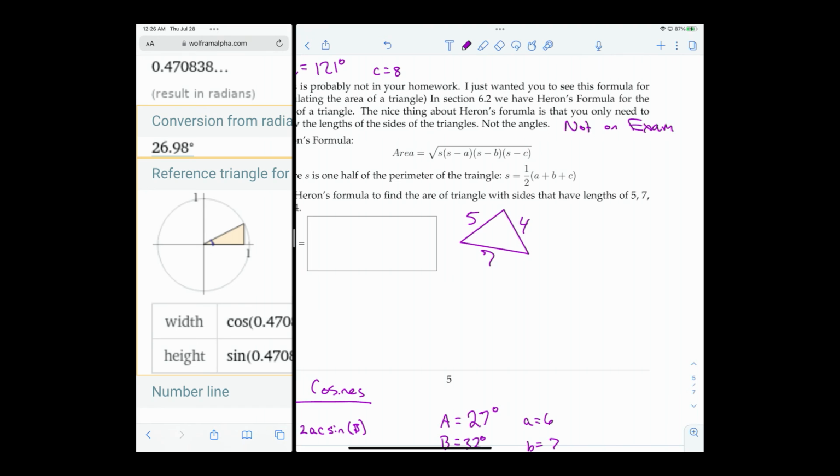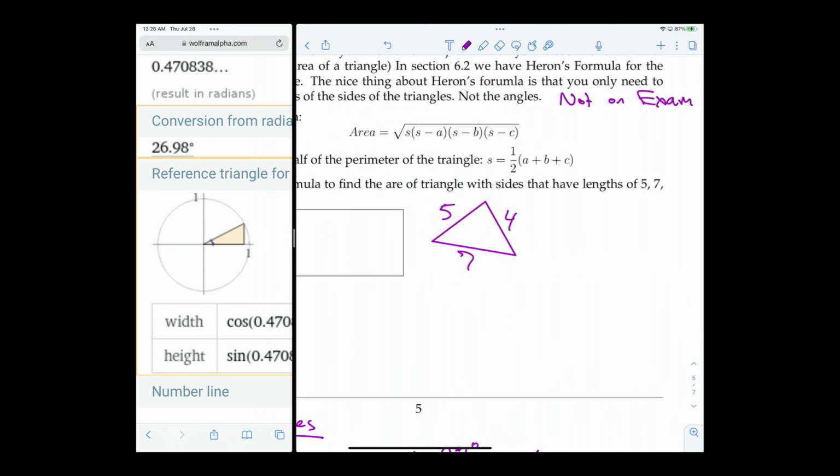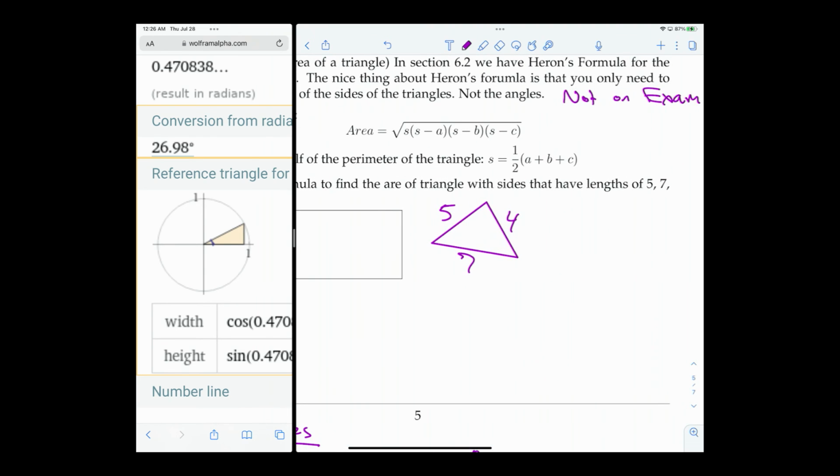Okay, so how does this work? You have all three sides. It doesn't matter which one's a, b, and c, but one of them's a, one of them's b, one of them's c. So it's a two-step process.